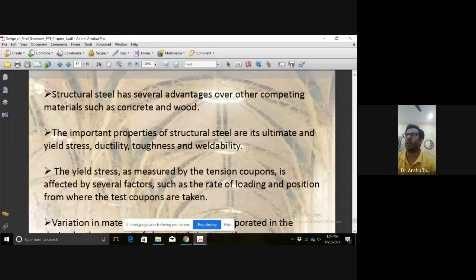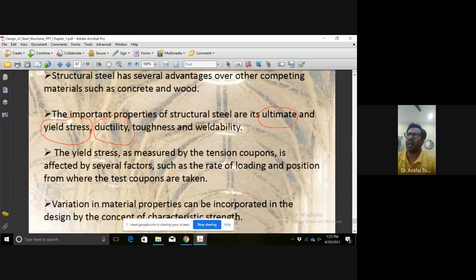The important properties of structural steel are its ultimate and yield stress, and the ductility, because ductility is important when earthquake load comes into picture. Nowadays, nothing is considered as important as far as design is concerned, as compared to earthquake. Static design has actually got relevance if it is being executed along with lateral load design also.